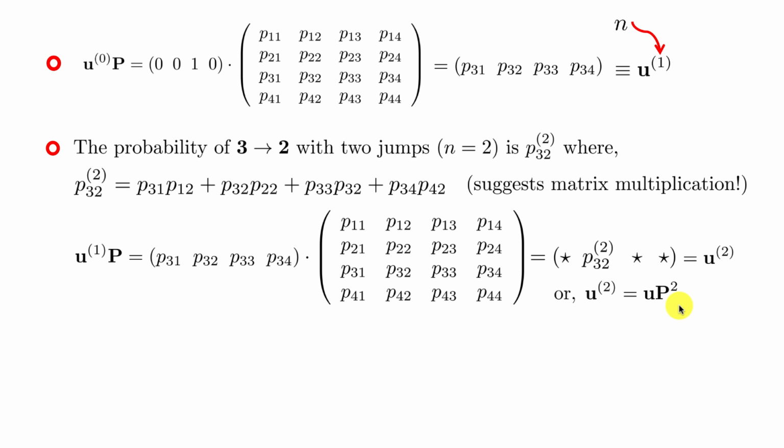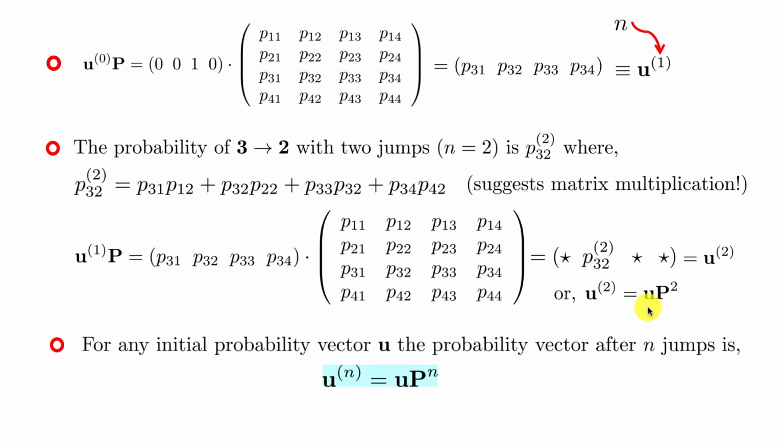And of course, it doesn't require a genius to say that for any initial probability vector U, the probability vector after n jumps is going to be this. So if you start with U and multiply it with P times P times P n times, then you will get the probability row vector U after n steps.